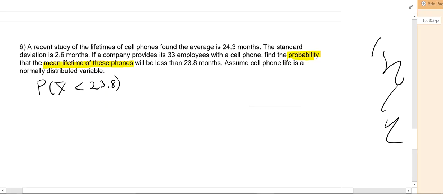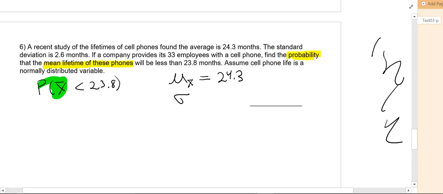When you're working with the mean, you have to work with the assumption that you can use the normal table, meaning normally distributed or the sample size is large enough. But the fact that I'm working with the probability associated with the mean tells me the mean is the mean given in the problem, 24.3.